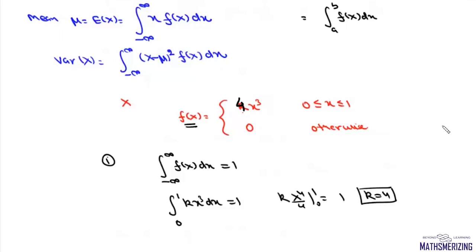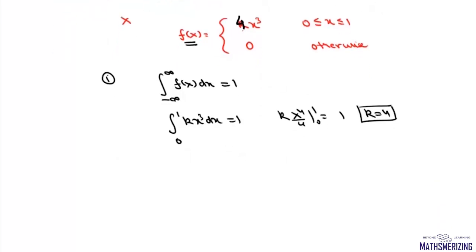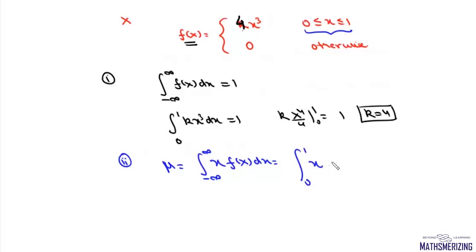Now with this value of k, we can find its mean. The mean of this probability distribution will be the integral from minus infinity to plus infinity of x fx dx. This integral will be 0 except for the region between 0 and 1. So it will be the integral from 0 to 1 of x times fx, and fx in this case is 4x cubed.